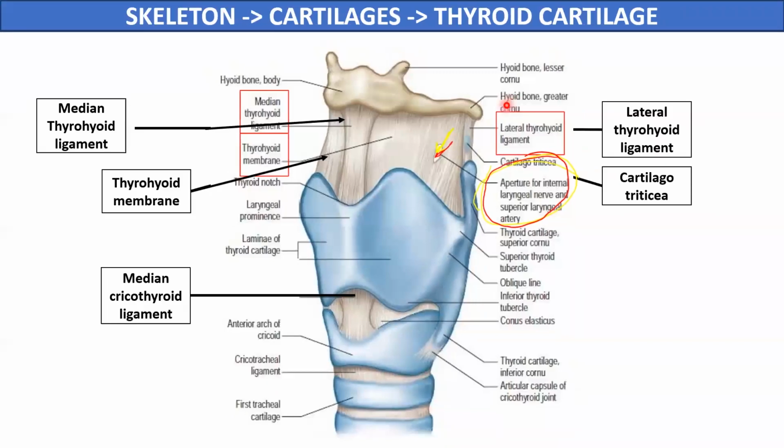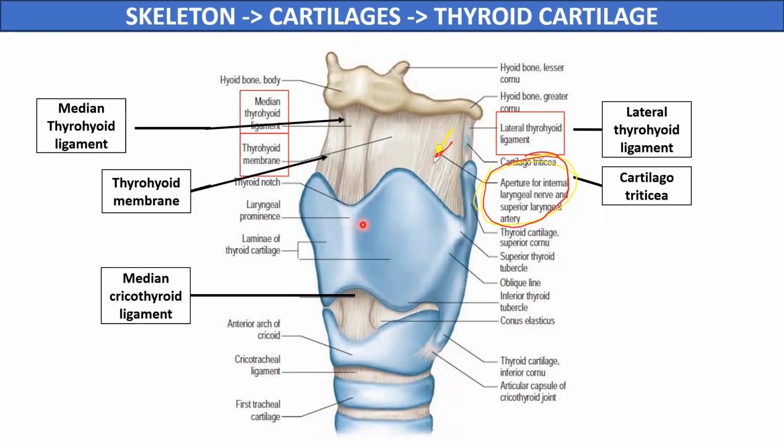And now along the lower border of the thyroid cartilage in the midline, a ligament, the median cricothyroid ligament, will attach the thyroid cartilage to the upper border of the cricoid cartilage. So these are the two ligaments which will attach the thyroid cartilage to the hyoid bone and the cricoid cartilage.